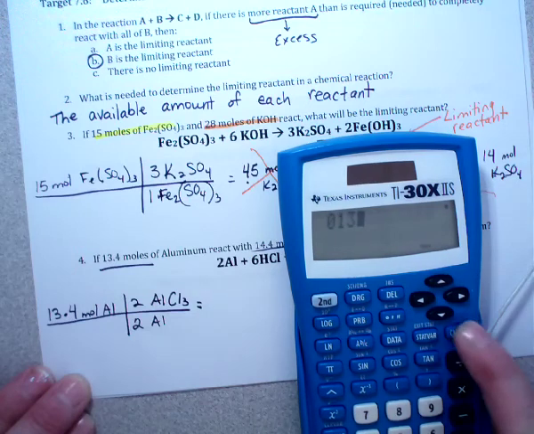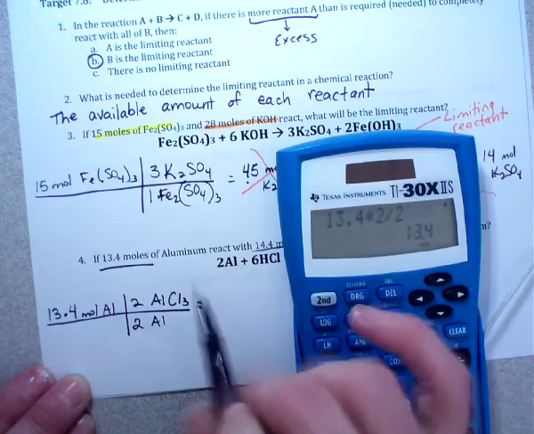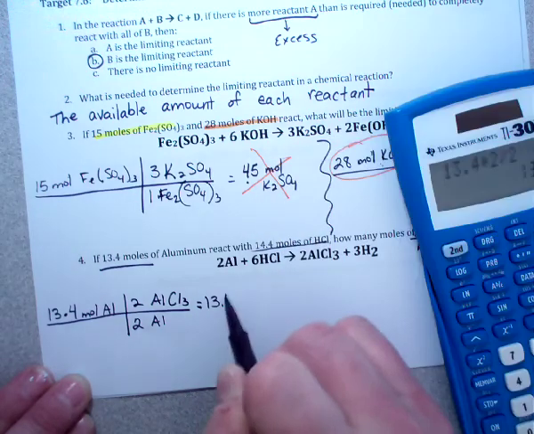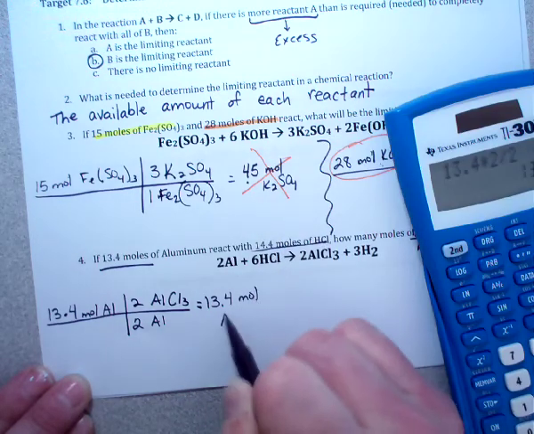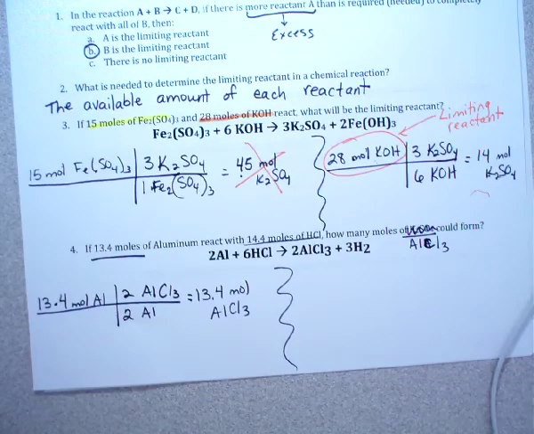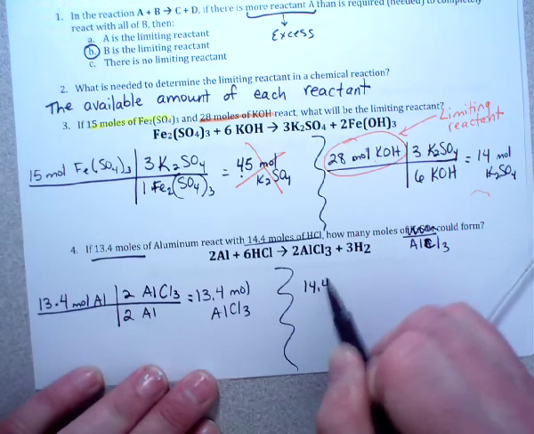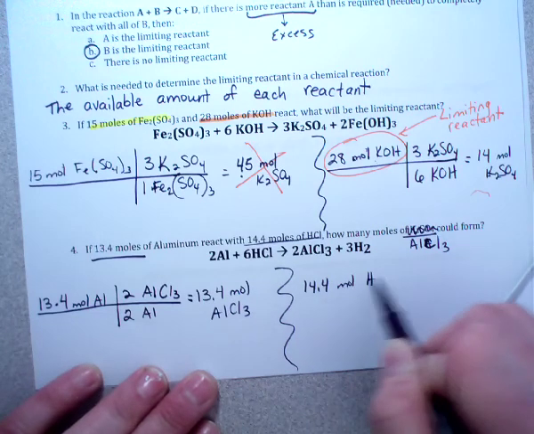13.4 times 2 divided by 2 is 13.4. And then I have to do a second problem with my second given. 14.4 moles of HCl.